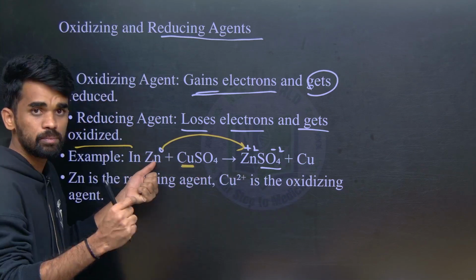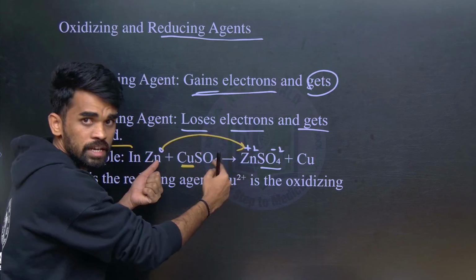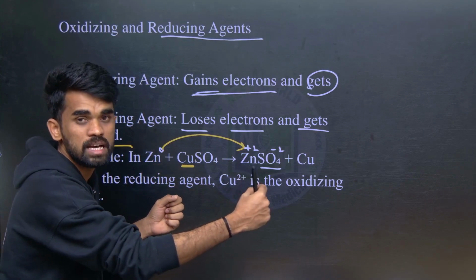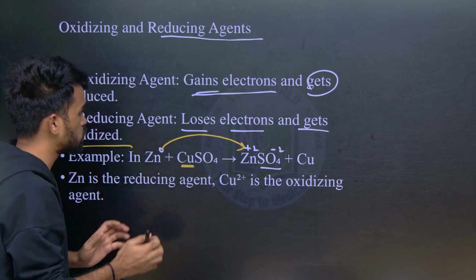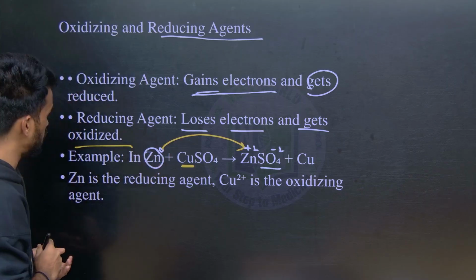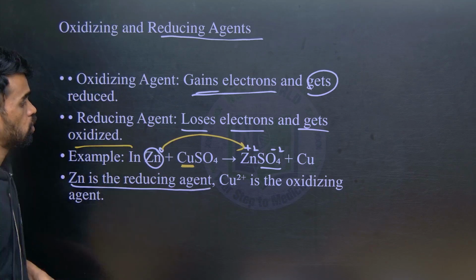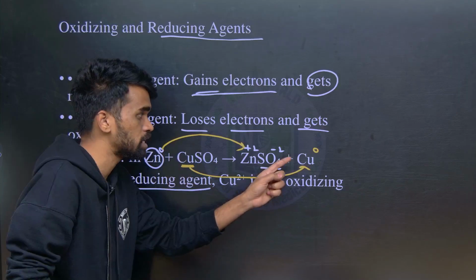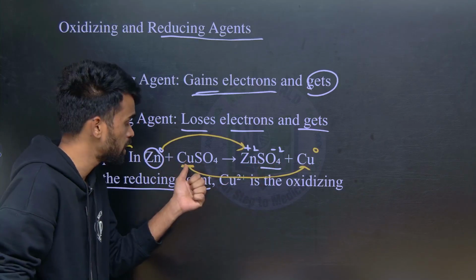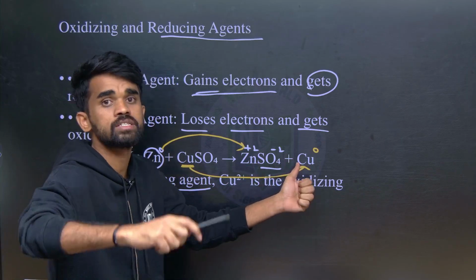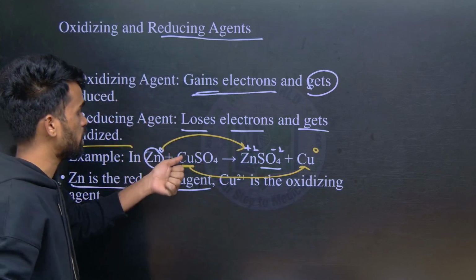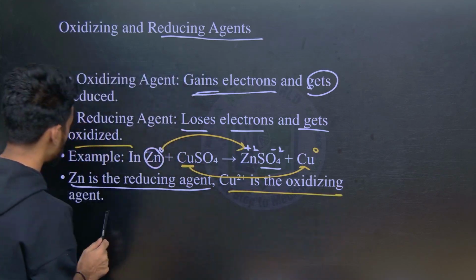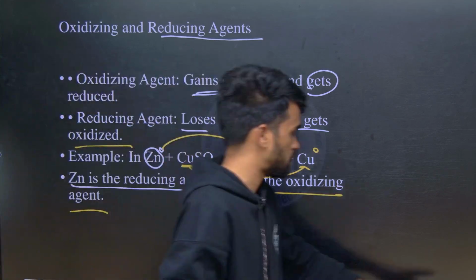So if an element is undergoing oxidation and reduces others, it means it is a reducing agent. So I can say zinc is the reducing agent. Okay. Now copper plus 2 is converting into copper 0, it means its oxidation number is reduced. It means it is undergoing reduction and oxidizing this species. So I can say copper plus 2 is the oxidizing agent. I hope these are clear, right?